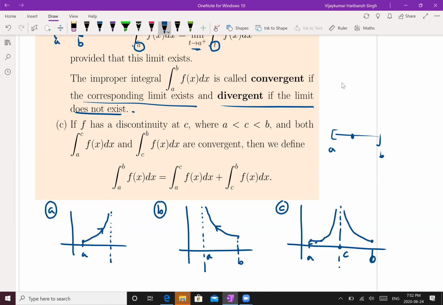We break it into two parts. This part will be dealt with using the technique from here, and this part using the technique from here. So we split at the discontinuity.